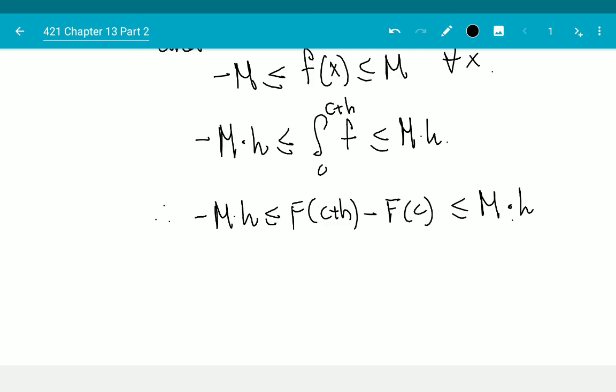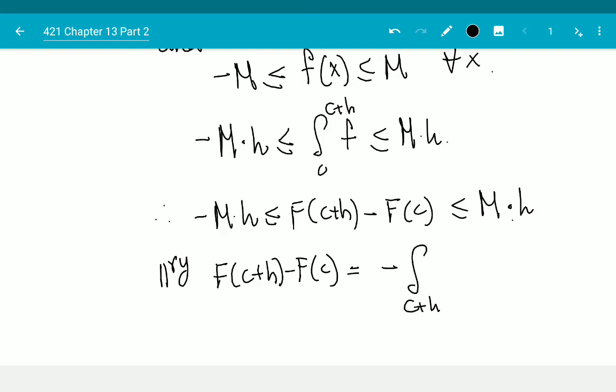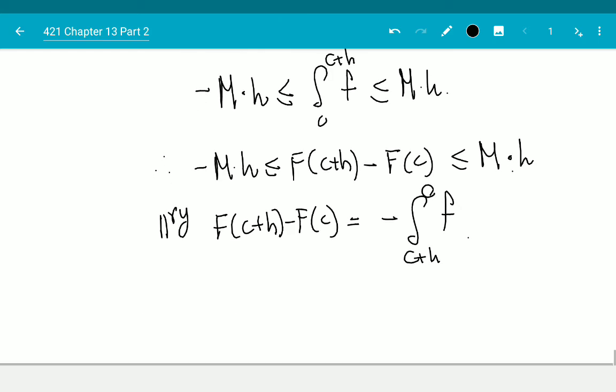Well, what do I get? Similarly, by reversing, F of c plus h minus F of c is equal to minus the integral from c plus h to c of f, right?